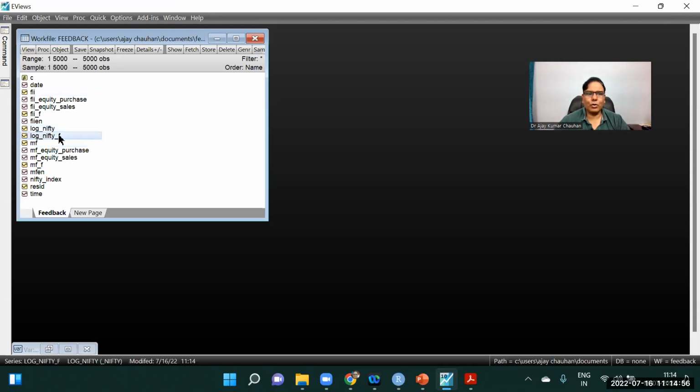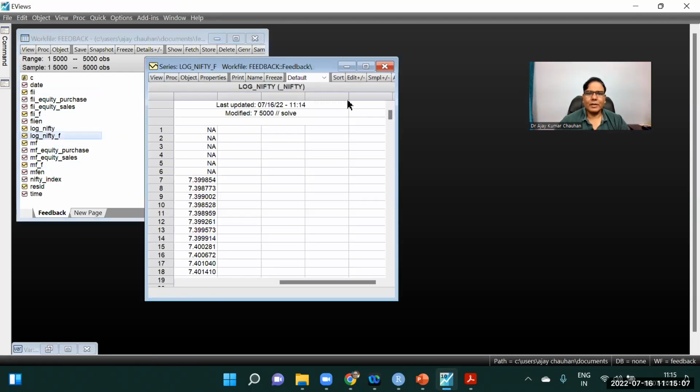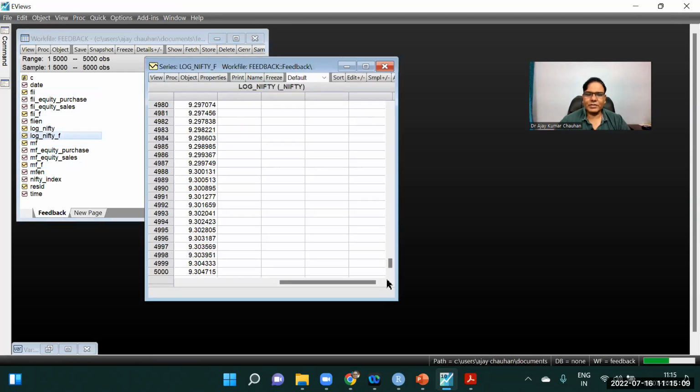Like you can see the log Nifty F, FII F, mutual fund F. These are the forecasted values of the series, up to 5,000 days.